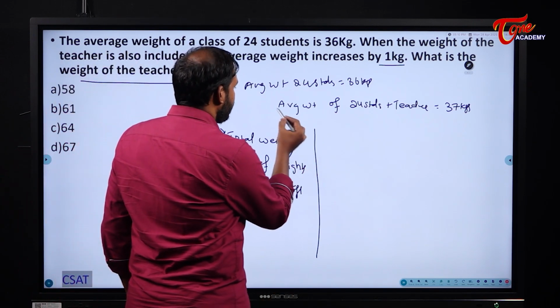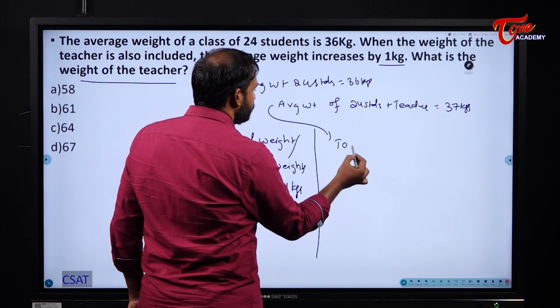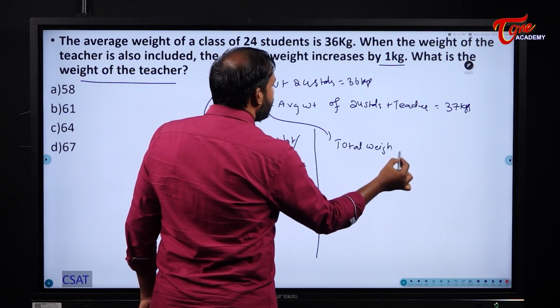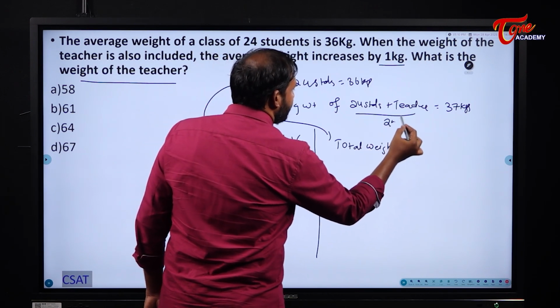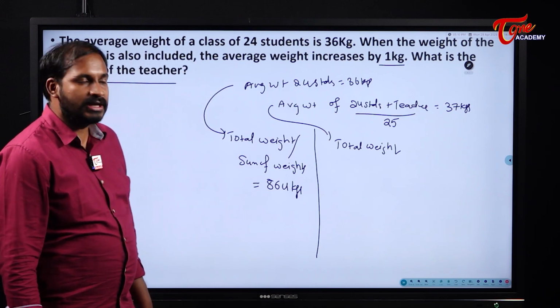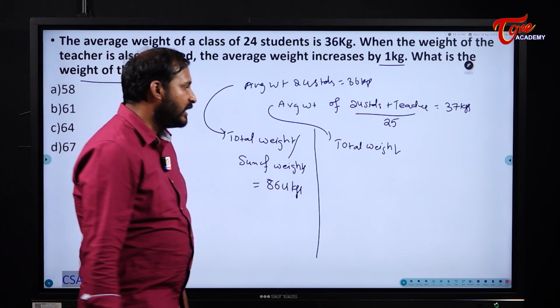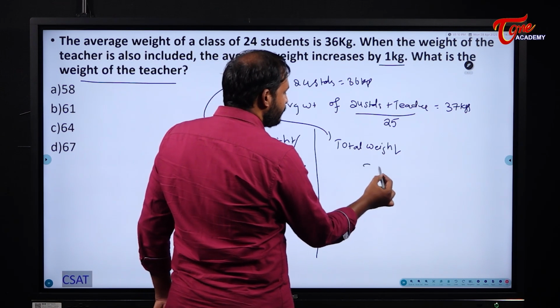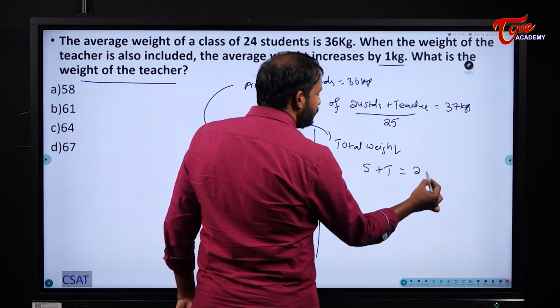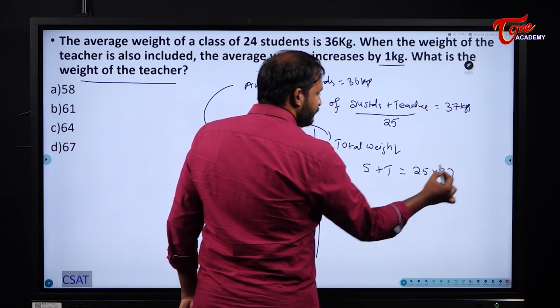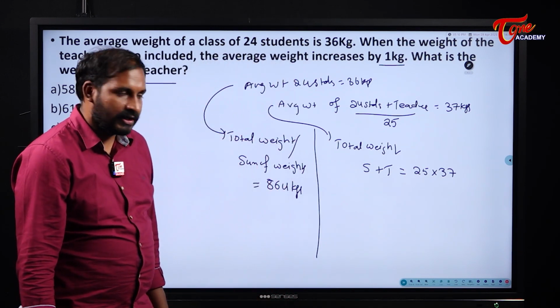Next, what is the total weight with the teacher? The total number of persons here will become 25. And the total weight of students plus the teacher will become 25 into 37.